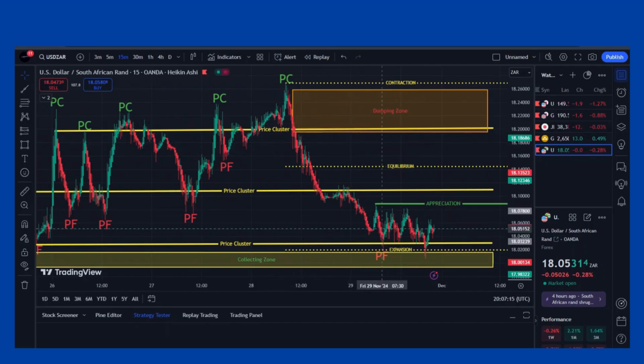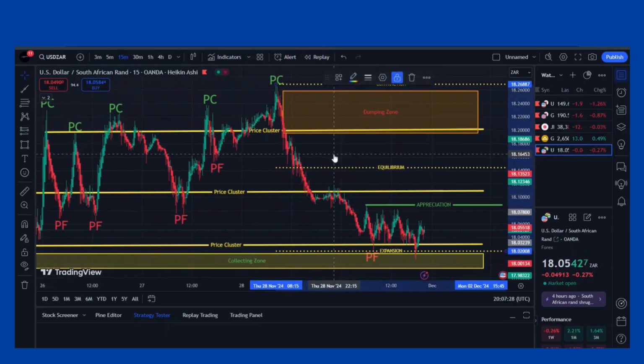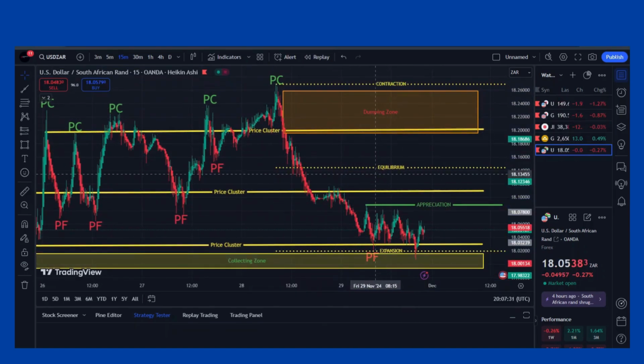Starting with US dollar, Japanese yen, with my entry model I start by indicating my price ceilings and price floors, alternating price ceiling, price floor, and so on. Once I have plotted all these ceilings and floors following the chart footprint, I can see that as the market was moving, this pair was leaving a footprint, indicated by price clutter.